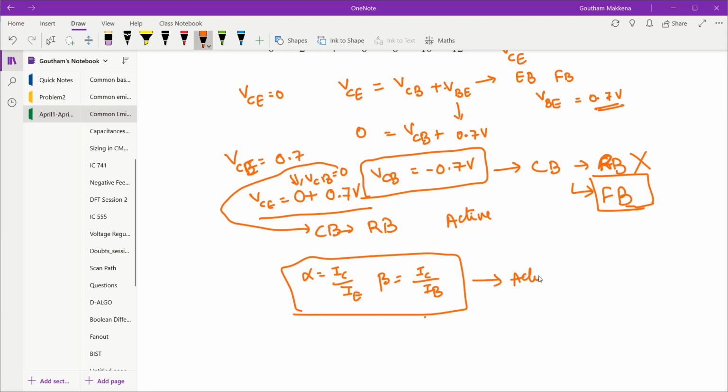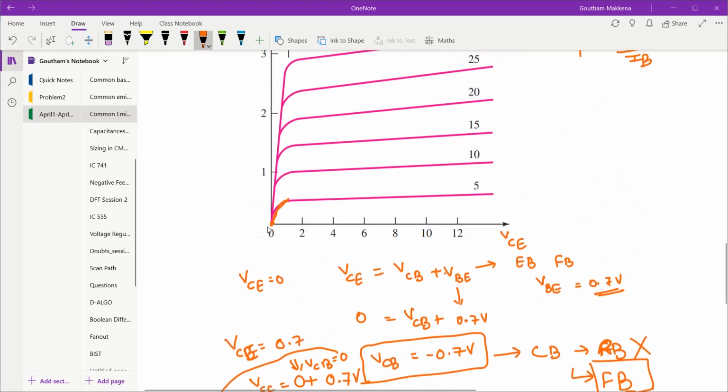So for very small VC, from 0 to 0.7, VCB is a negative value, and the collector base junction is forward biased. Sorry for repeatedly making that mistake.